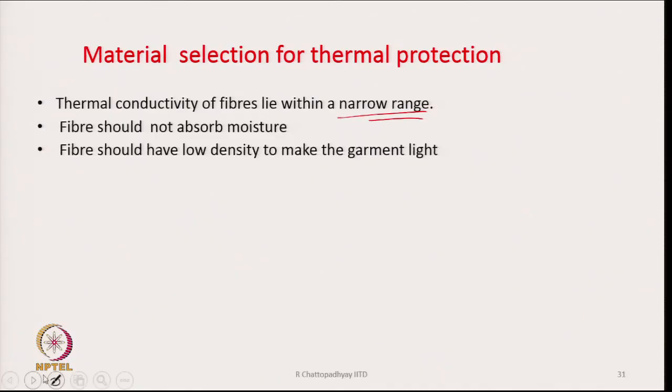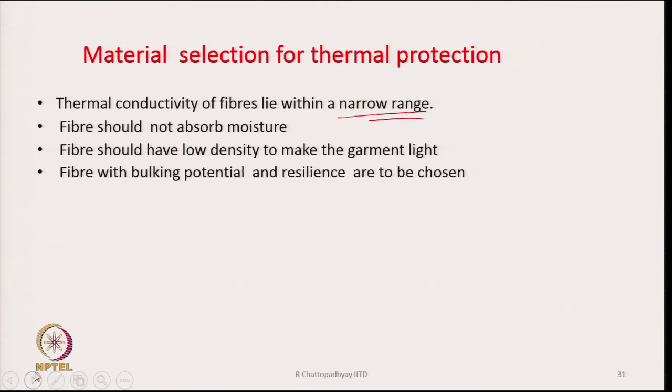Fibers should not absorb moisture. Fibers should have a low density to make the garment light. Fibers with bulking potential and resilience are to be chosen. This is also important.